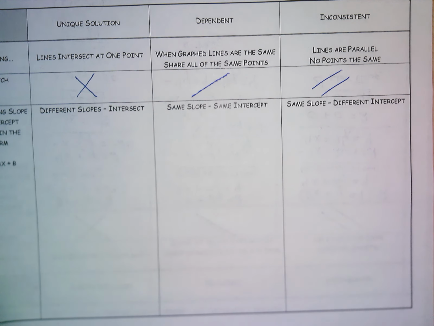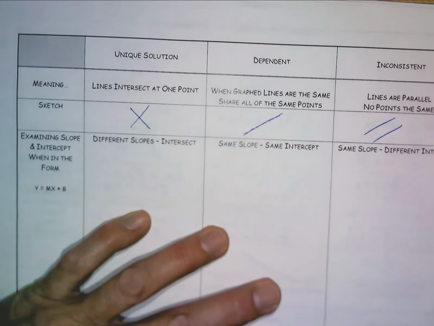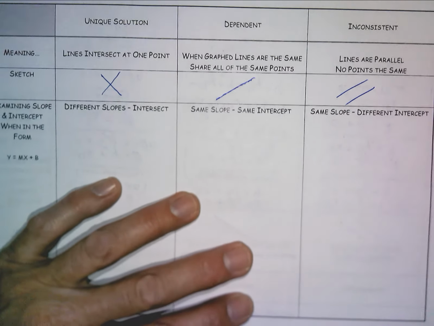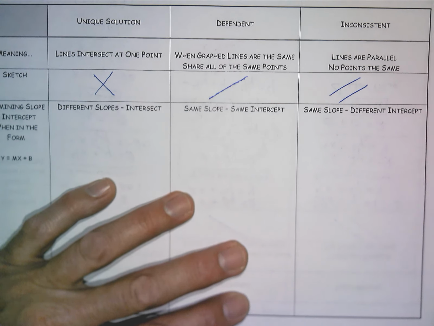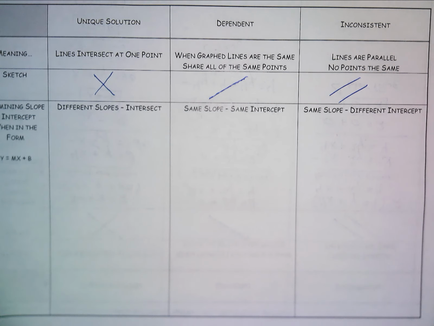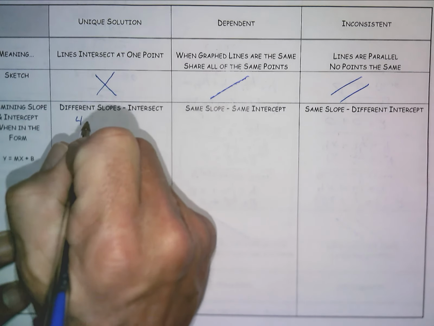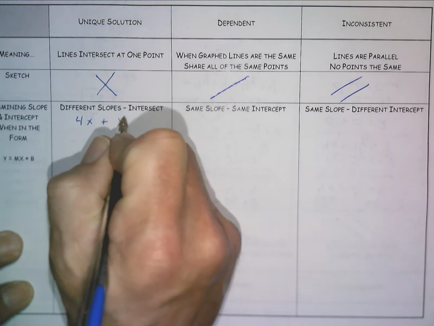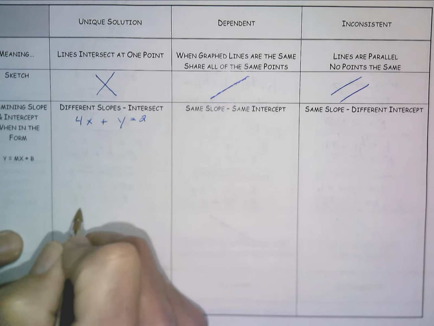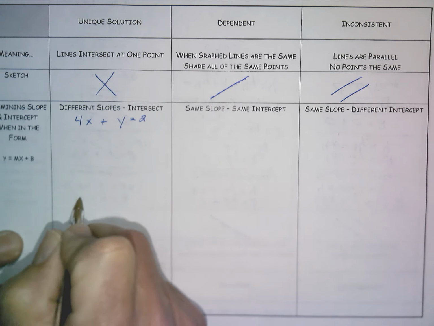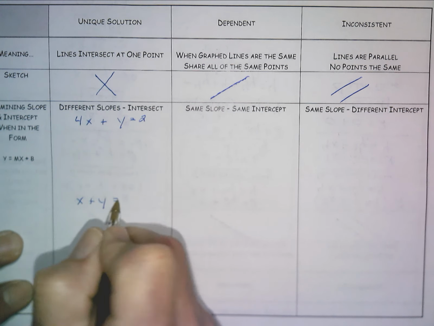All right. Now, do you remember, I hope, and you don't have to do these this way, but I'd be remiss if I didn't show it to you. If I had equations that look like this, 4x plus y equals 2, and x plus y equals 20.